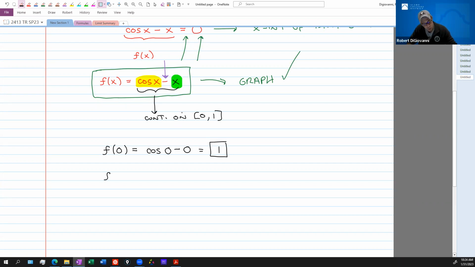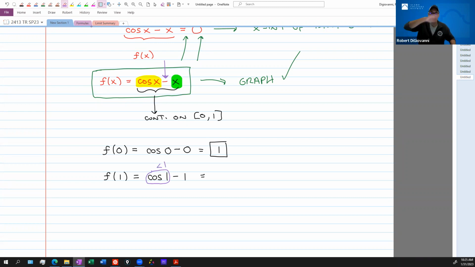Now we need to plug in 1, don't we? Well, we got to plug 1 into this. This is going to be cosine of 1 in radian mode on your calculator, minus 1. Well, we could actually get our calculator out and do this, but would you all agree with me that this number right here has got to be smaller than 1?